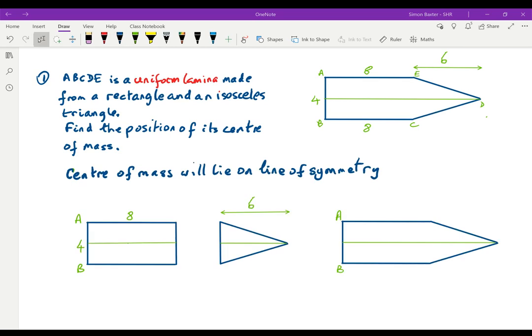When looking for the center of mass of a composite figure, you should always split the figure up into some easy shapes: rectangle, isosceles triangle, and the combined figure.